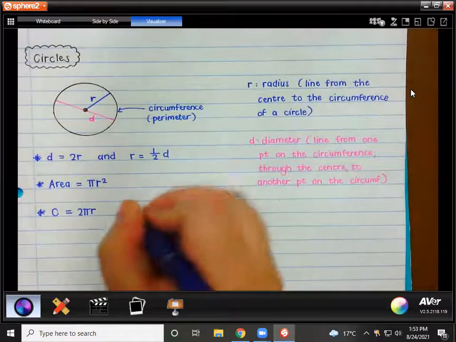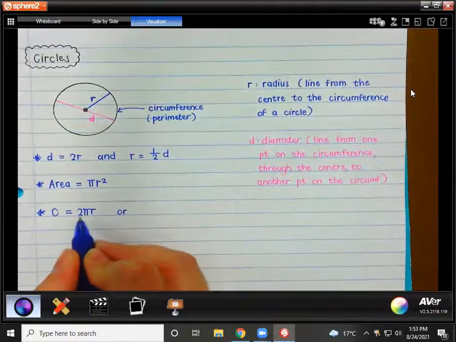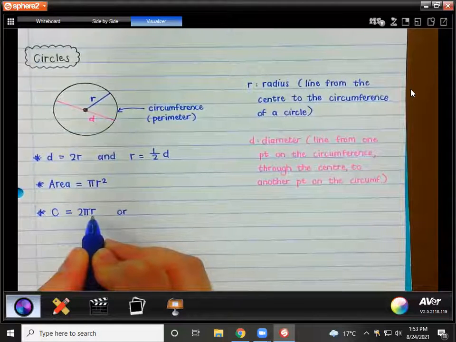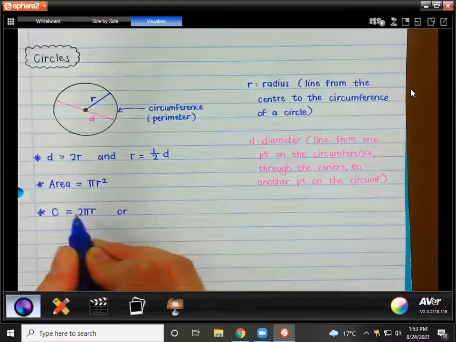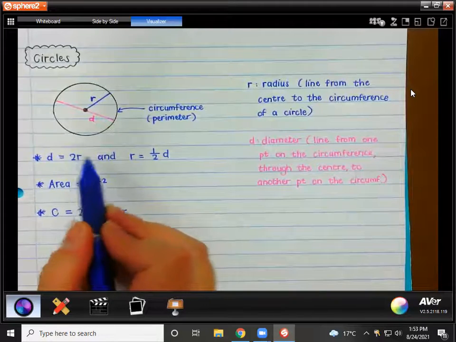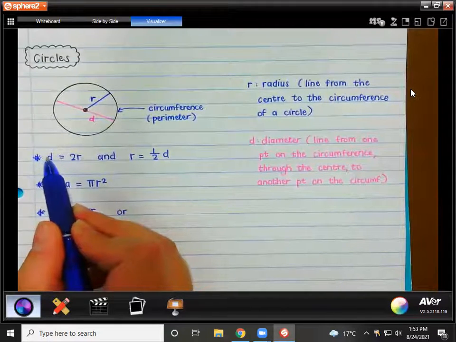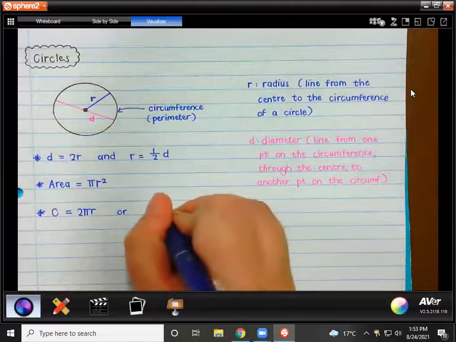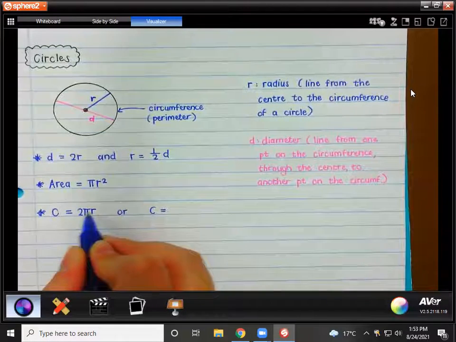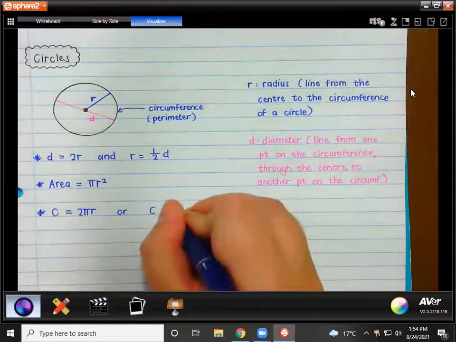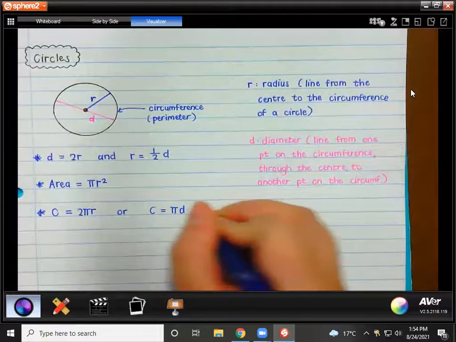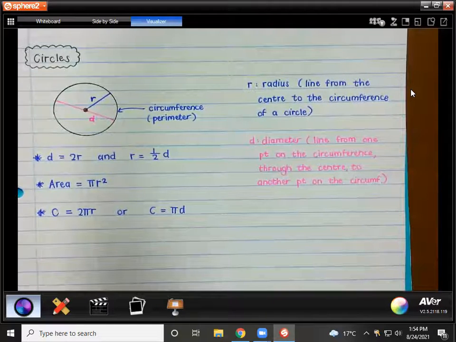Just hold on. Or, guys, what is 2 times the radius equal to? 2 times the radius is equal to the diameter. So we can actually say, instead of 2 and radius multiplied by pi, we can say pi just multiplied by the diameter. That will give us the same answer.